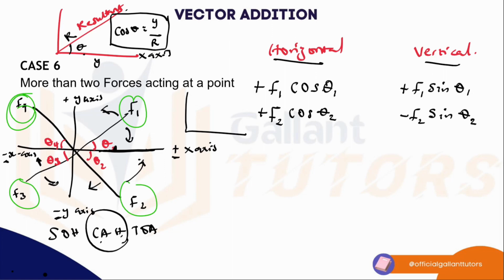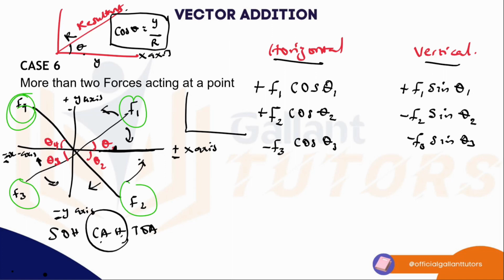All right, so for f3, both sides will be negative. Can you see both sides will be negative? So we have minus f3 cos theta 3, and this will be minus f3 sine theta 3. The next one, which is f4, this is negative and this is positive.